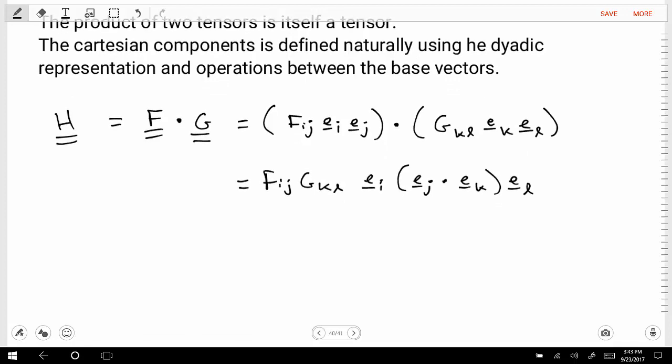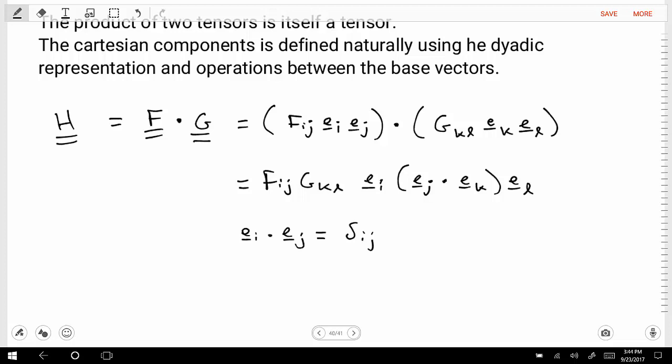Now let's remember that when we do the dot product of base vectors, we end up with our Kronecker delta, right? If we have the product of two base vectors, say this and that, we should end up with our Kronecker delta as that term, as long as our rows and columns are opposite each other.